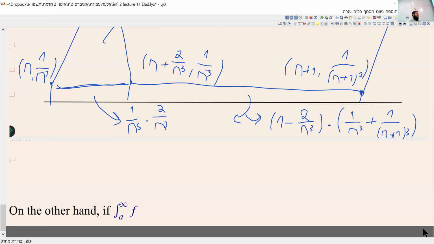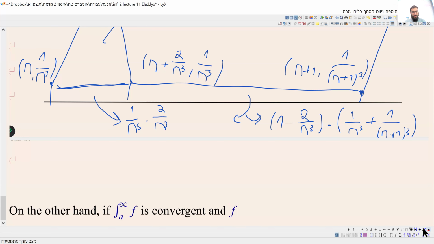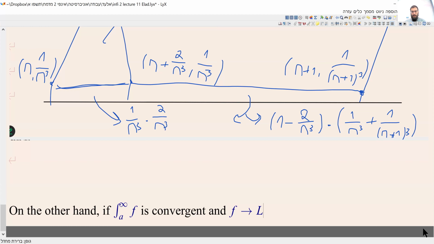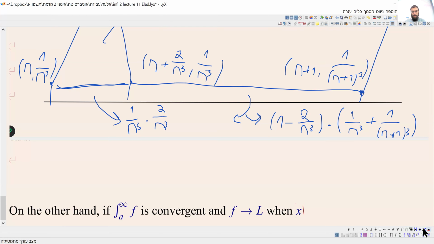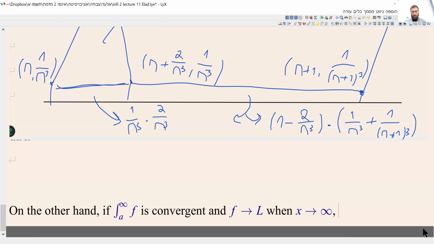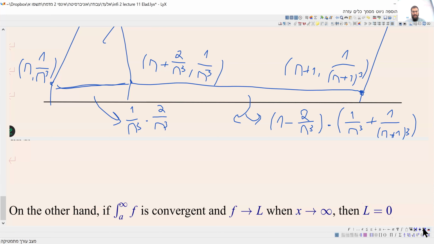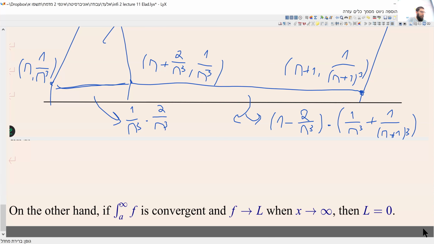If the integral is convergent and f has a limit, f goes to L when x goes to infinity, then L must be 0. For example, that's a condition. If f does have a limit, it must be 0 when the integral converges.